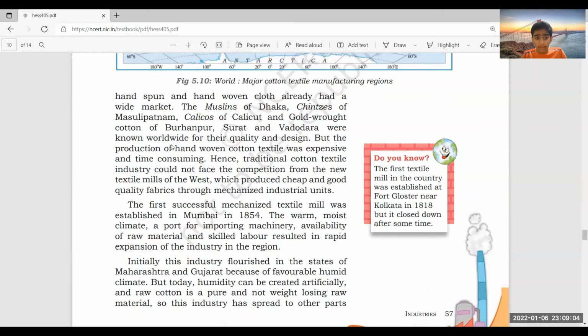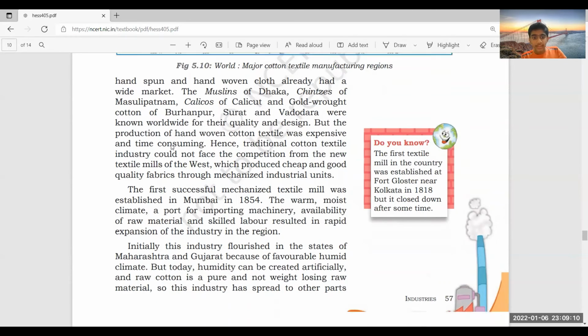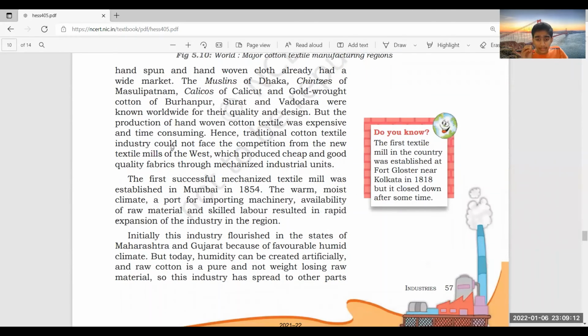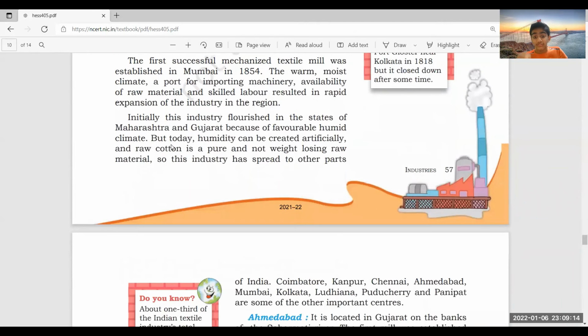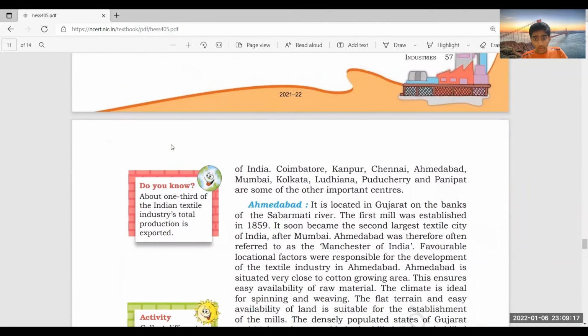And availability of raw materials and skilled labor resulted in rapid expansion of the industry in the region of Mumbai. And also Maharashtra and Gujarat are the major centers of cotton industries over there. Even Coimbatore, Kanpur, Chennai, Ahmedabad, Mumbai, Kolkata, Ludhiana, Puducherry, and Panipat are some of the other important centers.